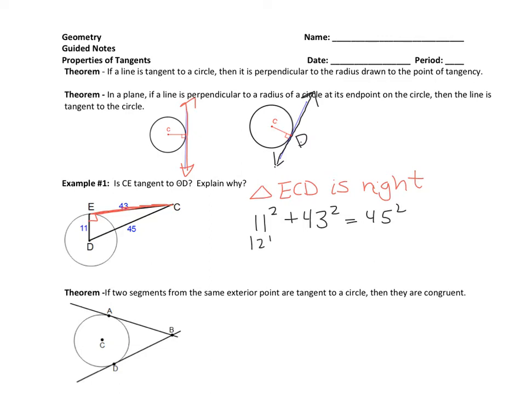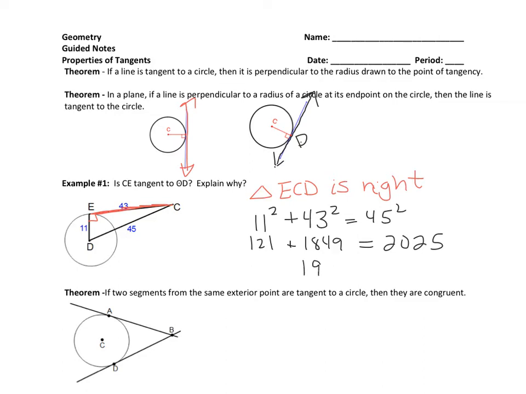Now 11 squared is 121. 43 squared is 1849, while 45 squared is going to be 2025. If 121 plus 1849 equals 2025, then we're good.